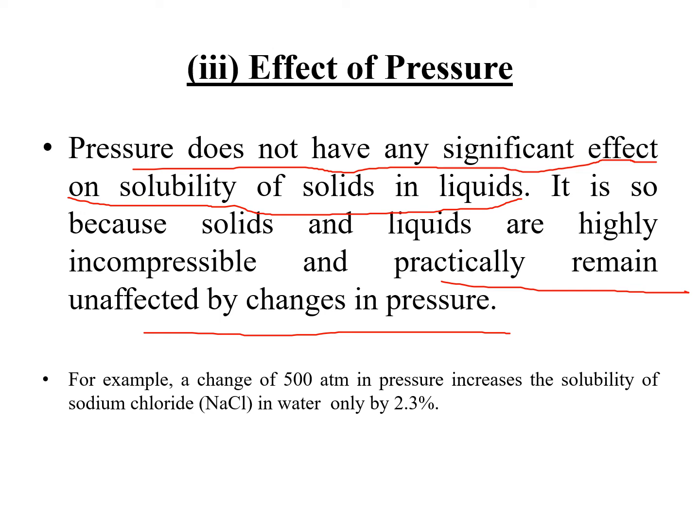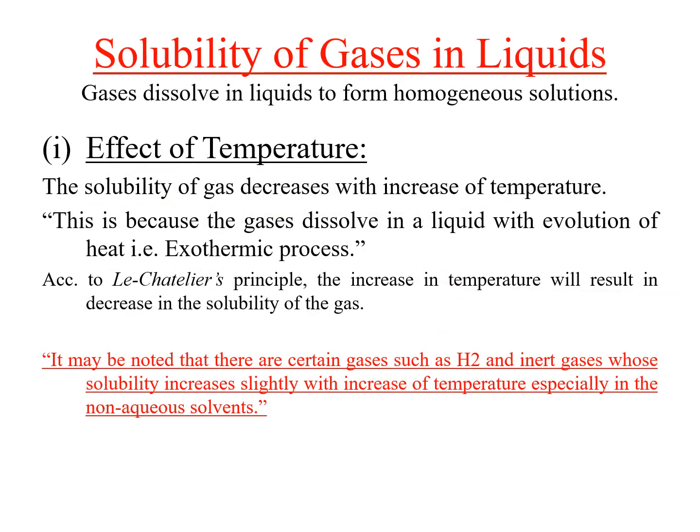Next is solubility of gases in liquids. As we have discussed the solubility of solids in liquids, now it is the turn of the solubility of gases in liquids. Similar factors affect the solubility of gases in liquids.